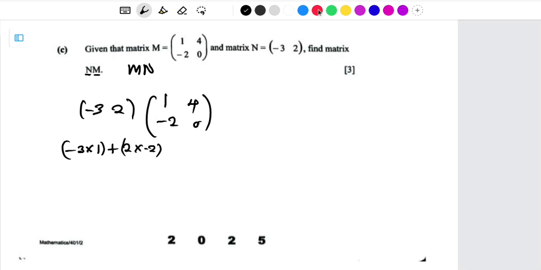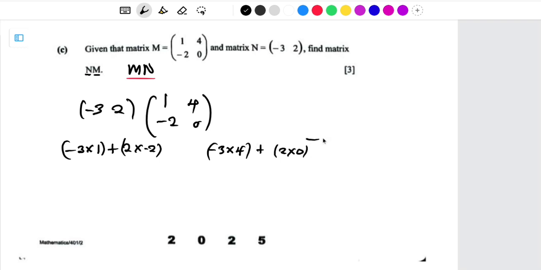Remember, when you're multiplying, you have to get it like a 7. Then negative 3 multiplied by 4. So I have to leave a space here. Negative 3 multiplied by 4, then plus 2 multiplied by 0.